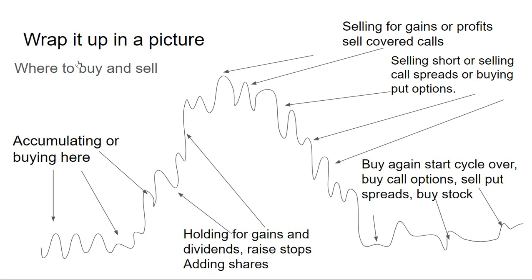And this is just a quick wrap-up in a picture of where to buy and sell, and what professionals look at when they're buying and selling. Different strategies on this graph show where you would buy, where you would hold, where you would sell, and then the cycle starts over or companies go out of business. So I think that's kind of helpful.